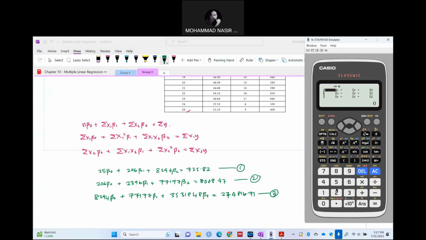So you just plug in the values: 25, 206, 8294, and last is 725.82. Right, this is 206, 2396, 77177. You need to input carefully, right?